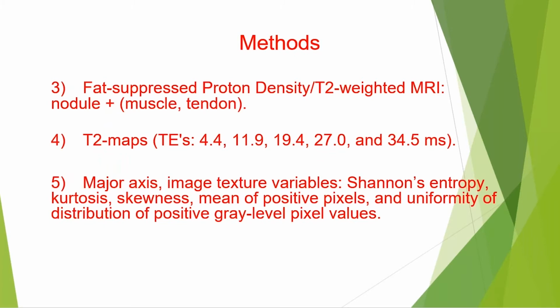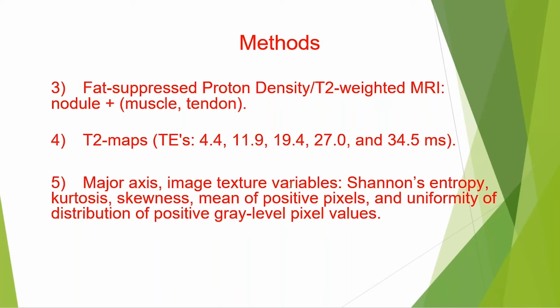Our MR protocol involved essentially T2-weighted MR, looking at the nodule versus muscle or tendon reference. Sometimes we interchange proton density weighted MR, but basically it was the T2 mapping sequences, and it involved the elongation times that you see listed there.